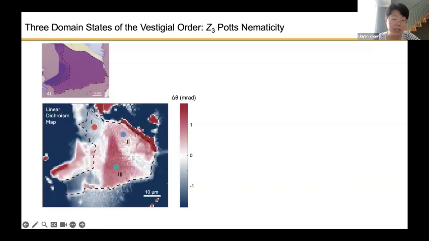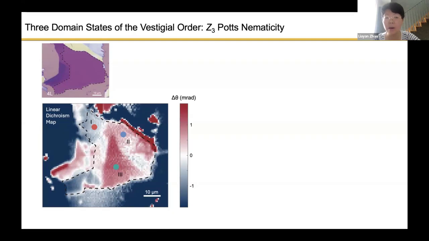So we do this kind of measurement over this sample area. You can see that where the dashed line circles is our 4-layer regime. It divides into 3 different regimes, like a whitish regime, and then a more red regime, and an intermediate regime. These 3 regimes have different intensities of linear dichroism.